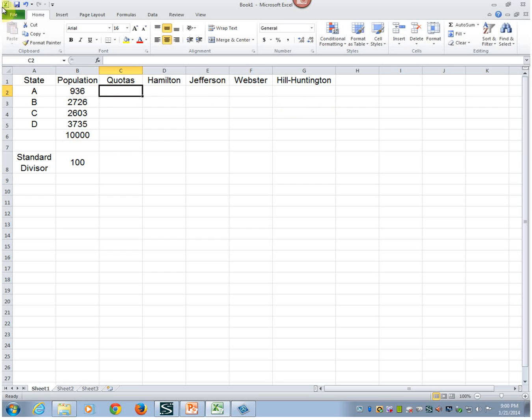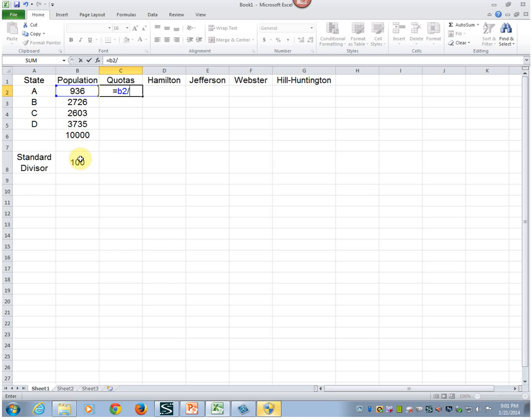So now let's take a look at our quotas. Type equals, and the population for state A is in cell B2, divided by the standard divisor, which is in cell B8. The thing about the standard divisor is I want to anchor it.